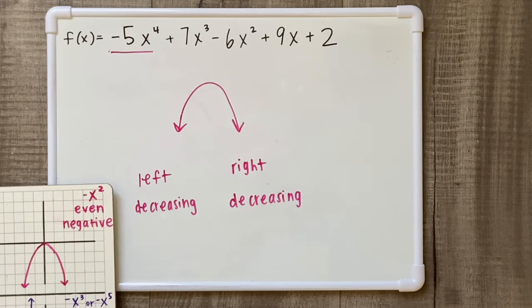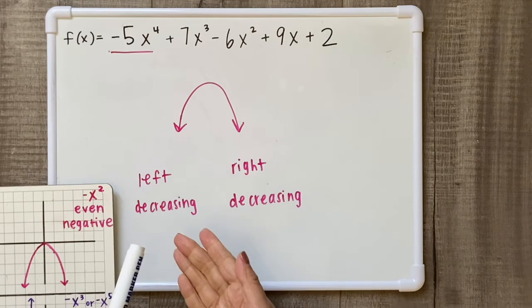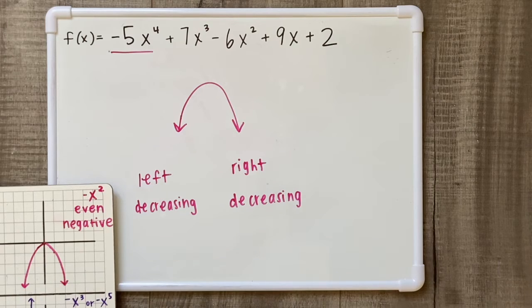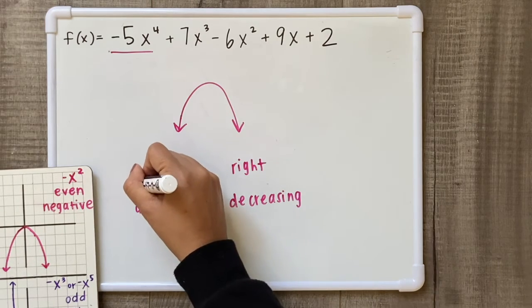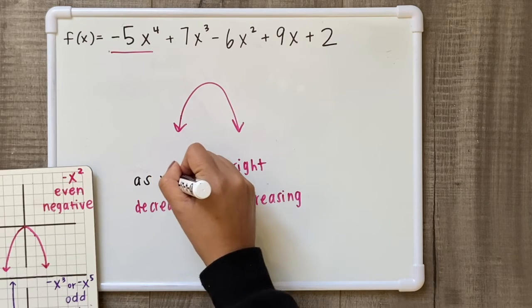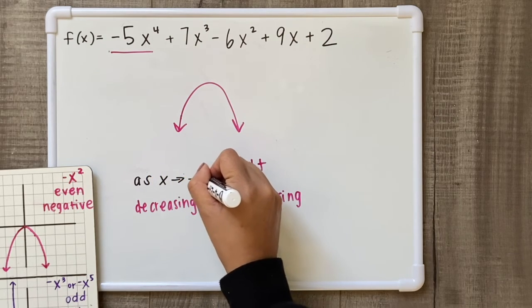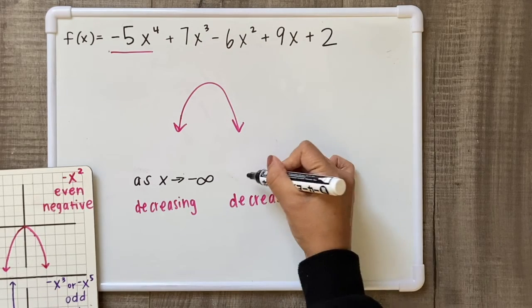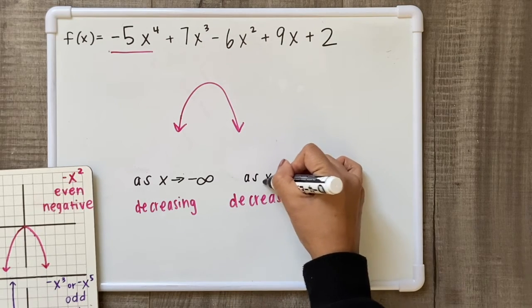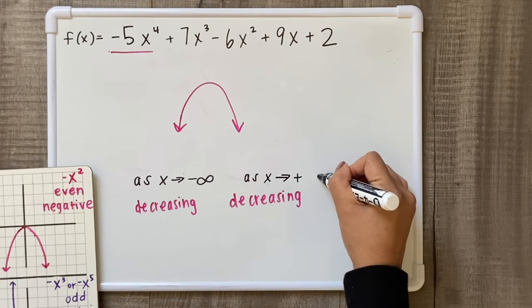But this is what I was talking about with the notation. Usually when you write the answer, you're not going to just write left decreasing, right decreasing. You're going to write what's happening as x approaches negative infinity and what's happening as x approaches positive infinity.